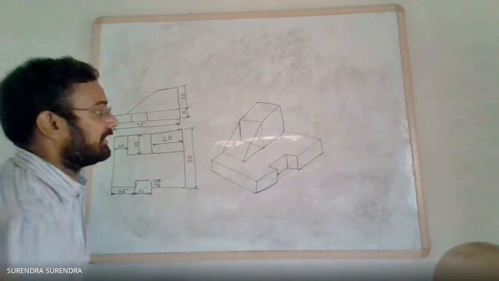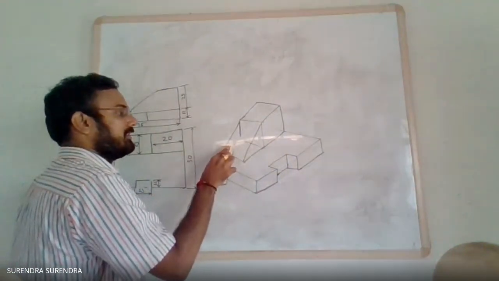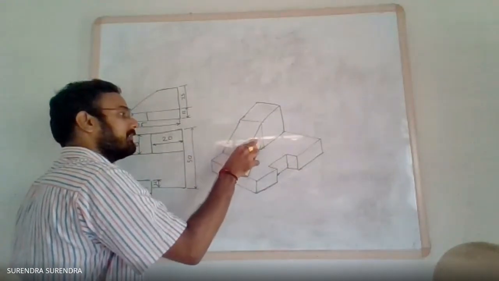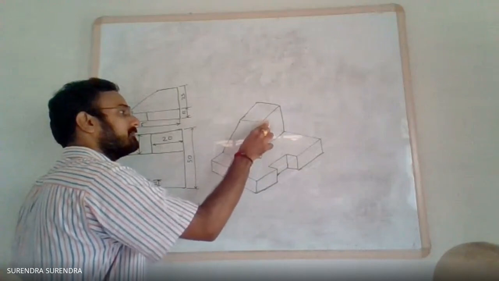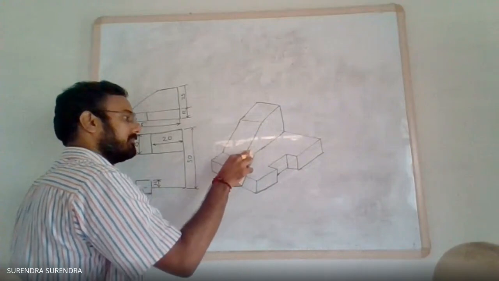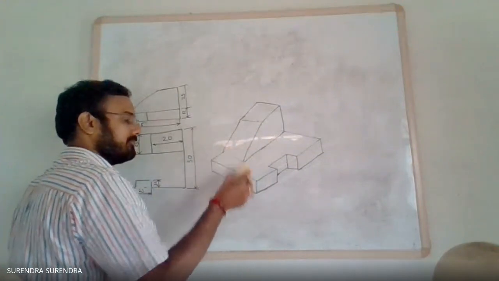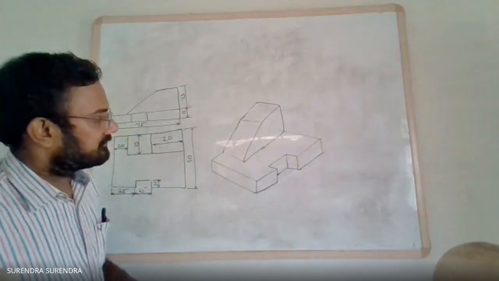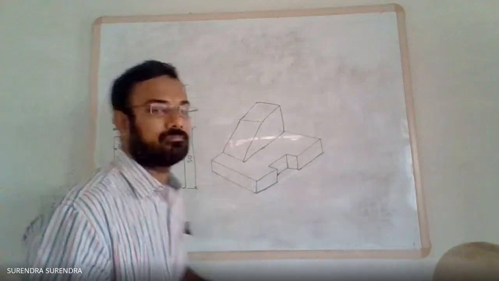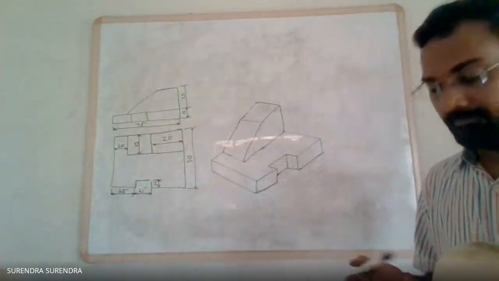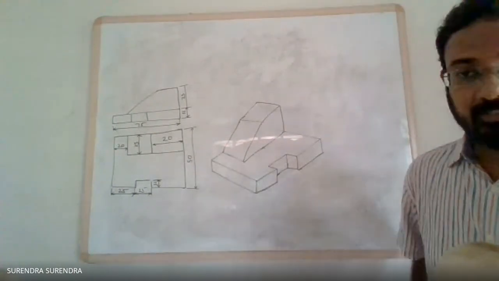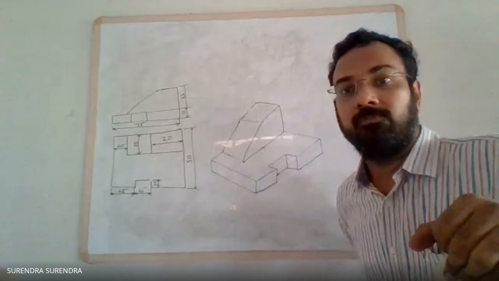Now, if I erase the hidden edges, all these are the hidden surfaces. Okay. This is the isometric view for the given front view and top view.